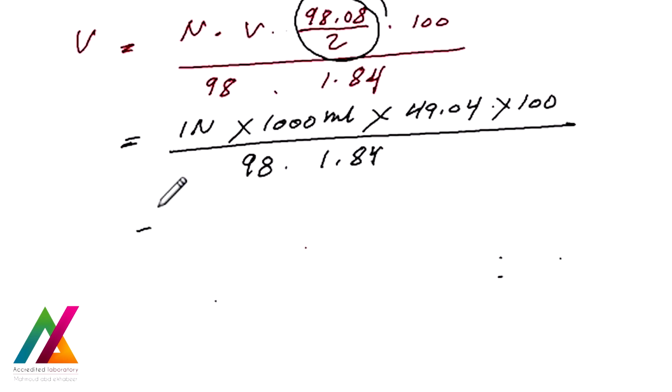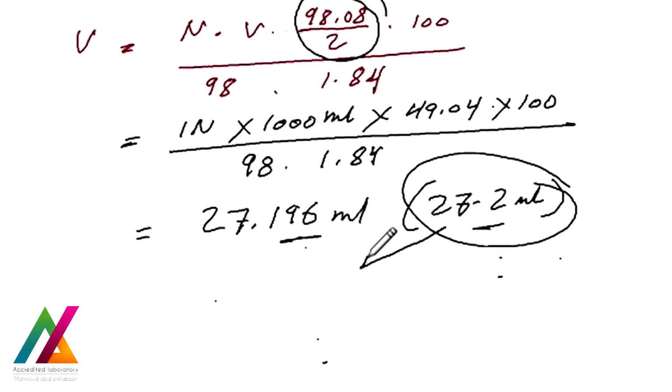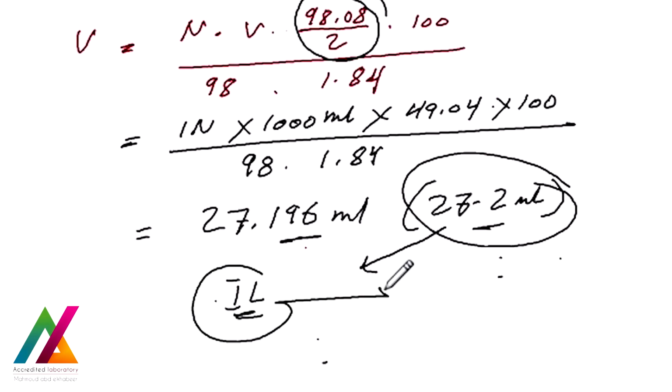It will be equal to 27.196 ml, about 27.2 ml. You want to dissolve 27.2 ml in 1 liter of solution to prepare one normal H2SO4.